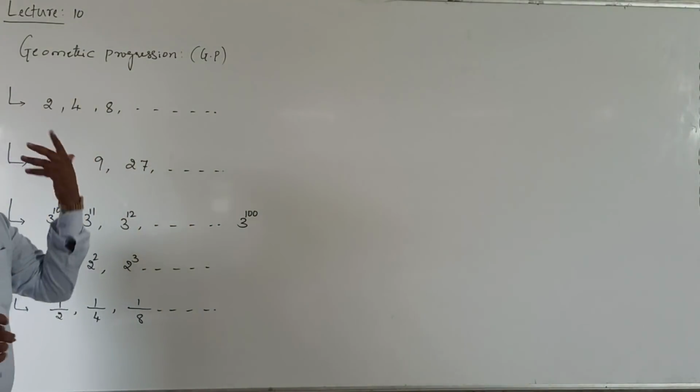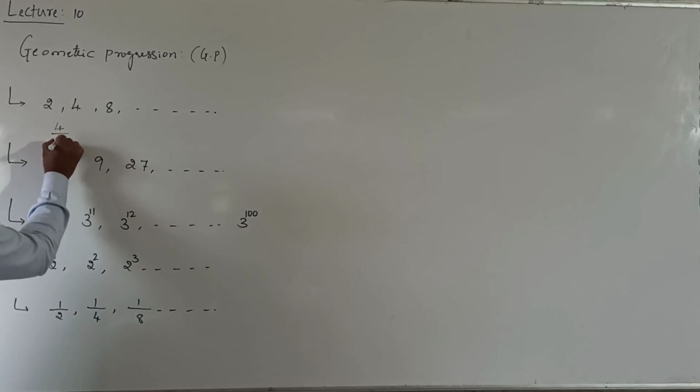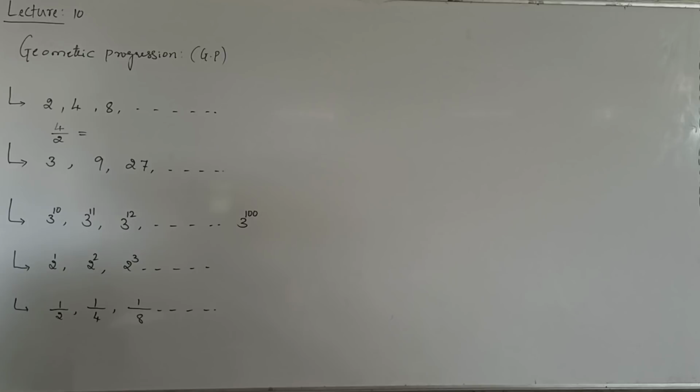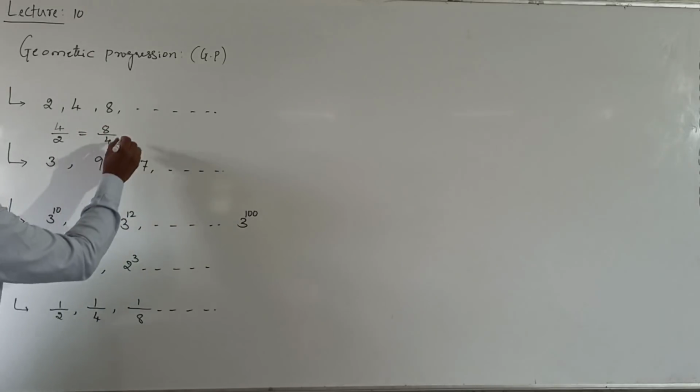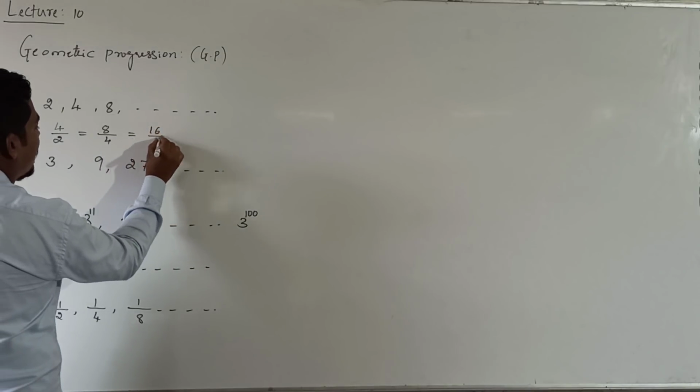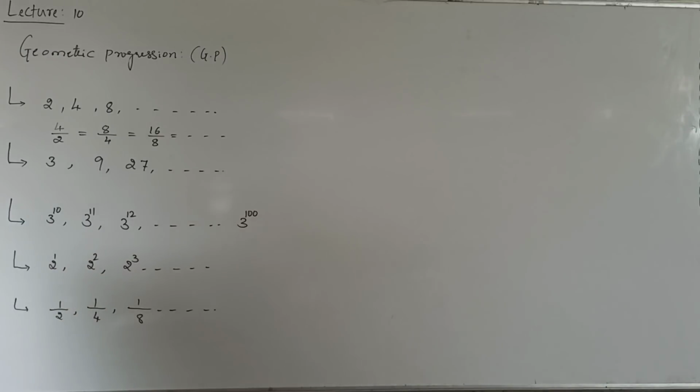The ratio between a term and its previous term is constant. 4 divided by 2 is the same as 8 divided by 4, which is the same as 16 divided by 8, and so on.